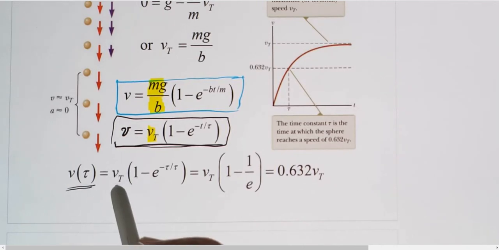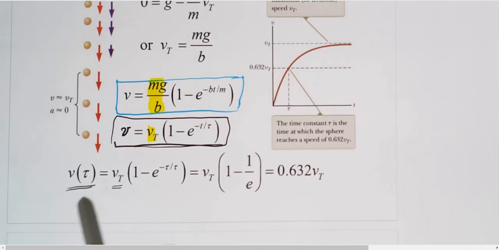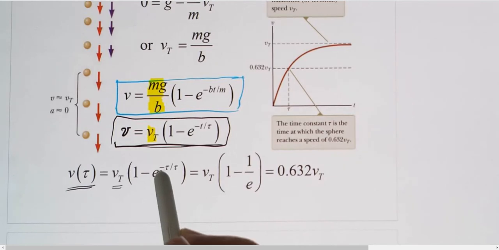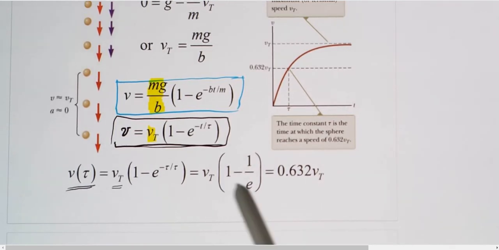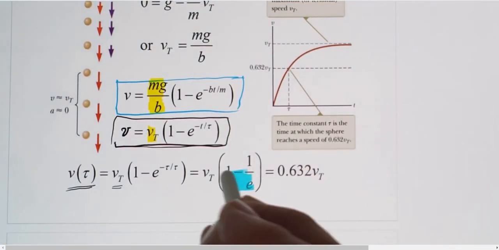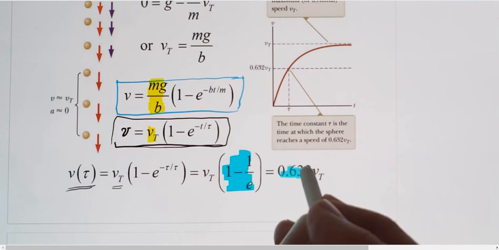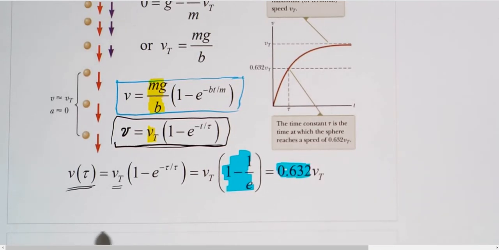It's the terminal velocity times 1 minus e to the minus tau over tau, meaning e to the minus 1, so 1 minus 1 over e. You do the calculation. This value is equal to this value. So this is how we define the tau value. It is 0.632 of the terminal velocity.